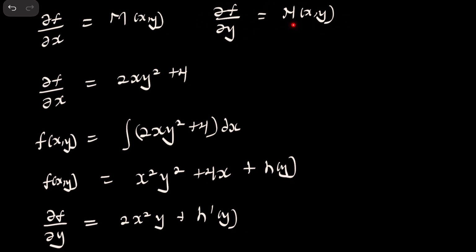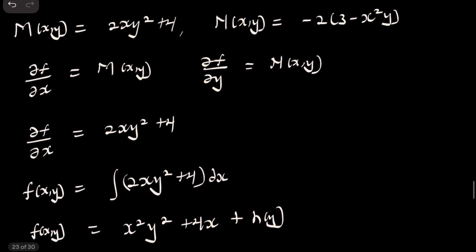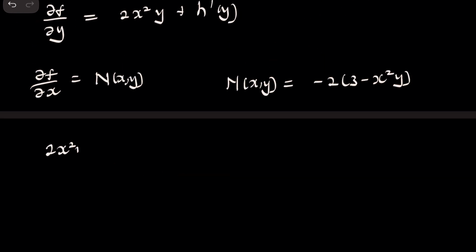Let's observe something from these two equations, right? But partial of f with respect to y is the same as n of xy, and so we are going to equate this expression to our function n of xy. Thus, we are going to have 2x squared y plus h prime of y is equal to n of xy, which is giving us minus 2 times 3 minus x squared y.